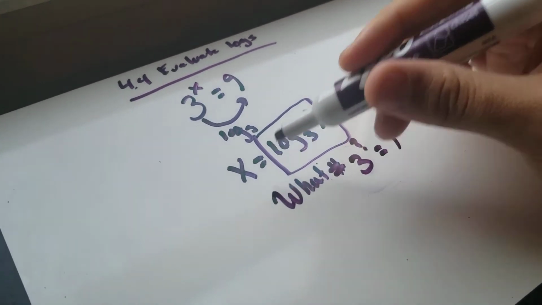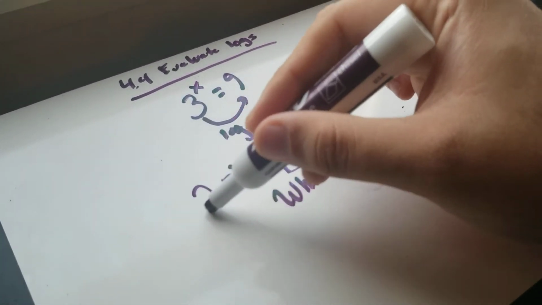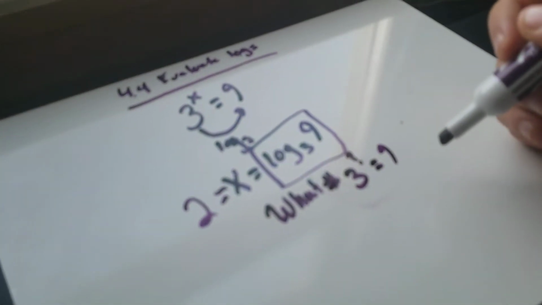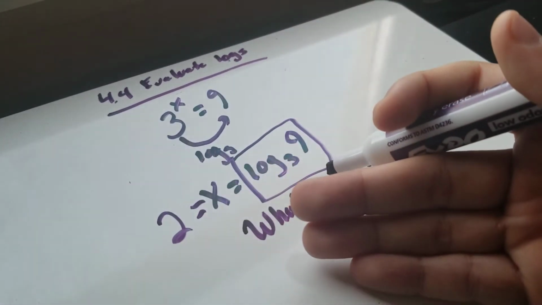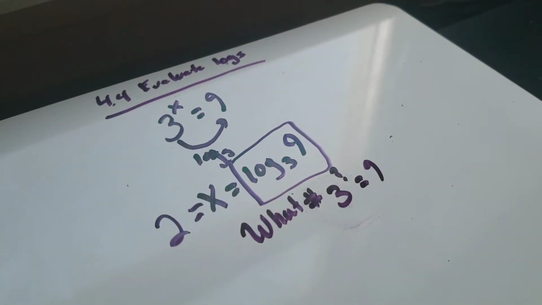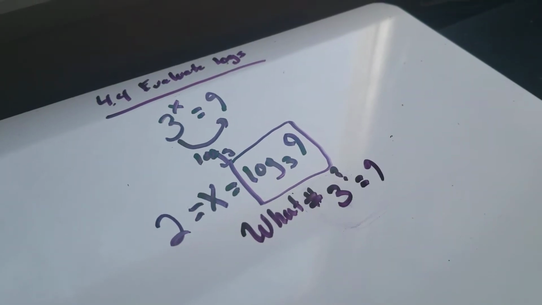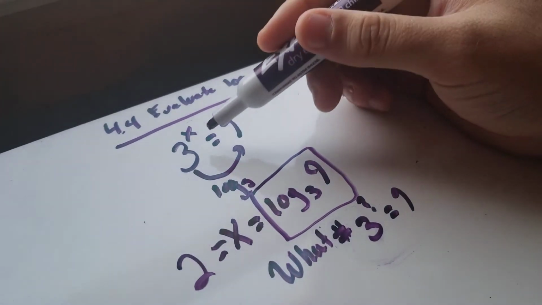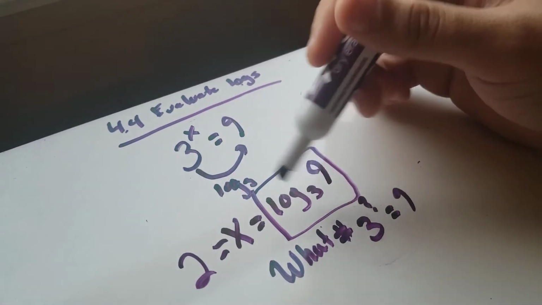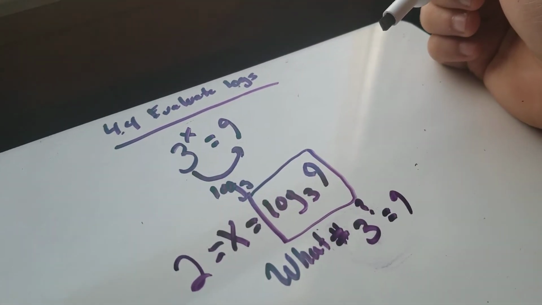And you guys are smart enough to tell me that x should equal 2 in this case. All right? So what's happening here is that we're just trying to figure out how to rewrite a question like this into something where we could get x by itself.